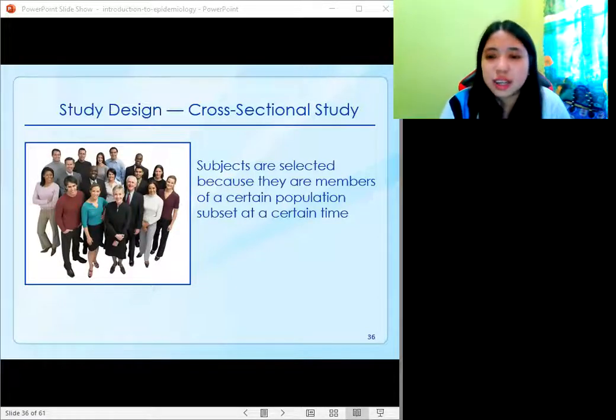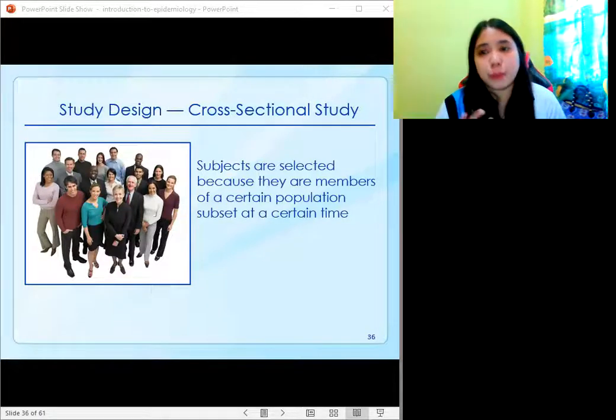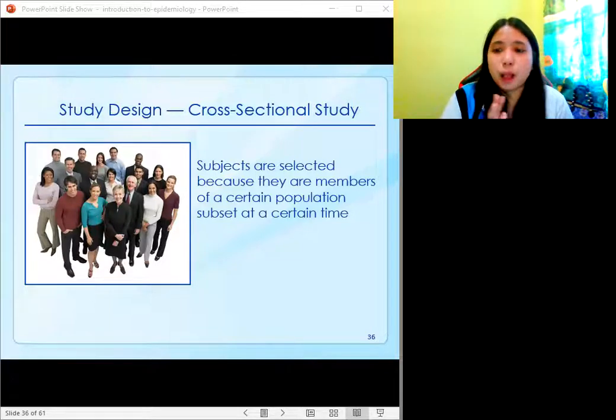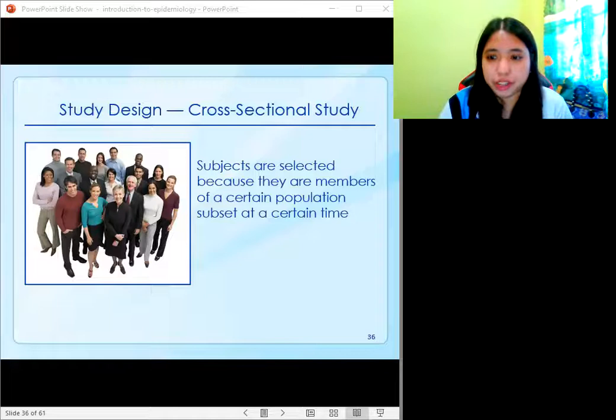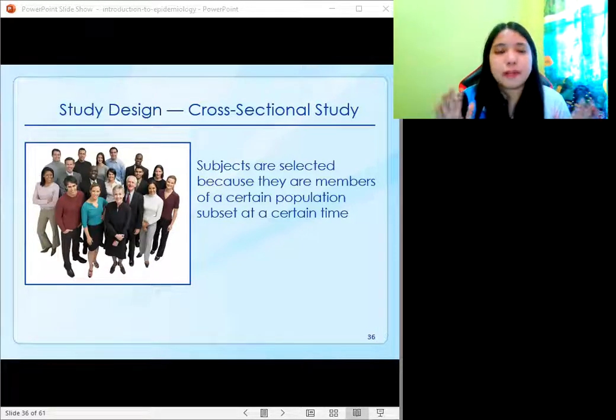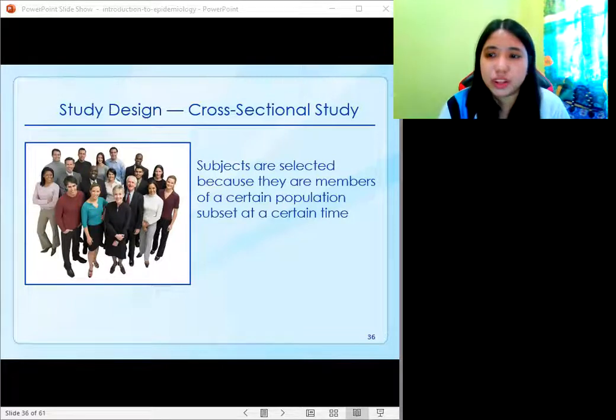In this study, epidemiologists define the target population, then collect data from the population or a subset of the population at one specific point in time, and participants are selected regardless of their exposure or disease status.